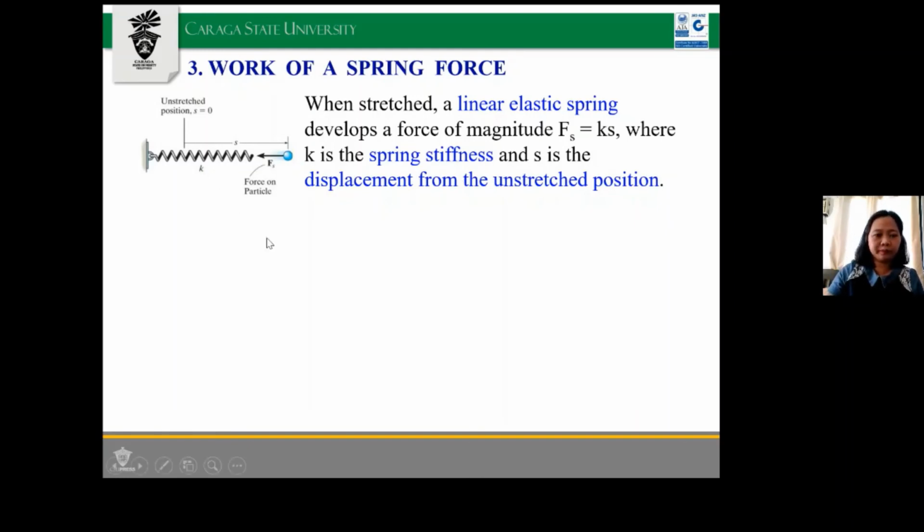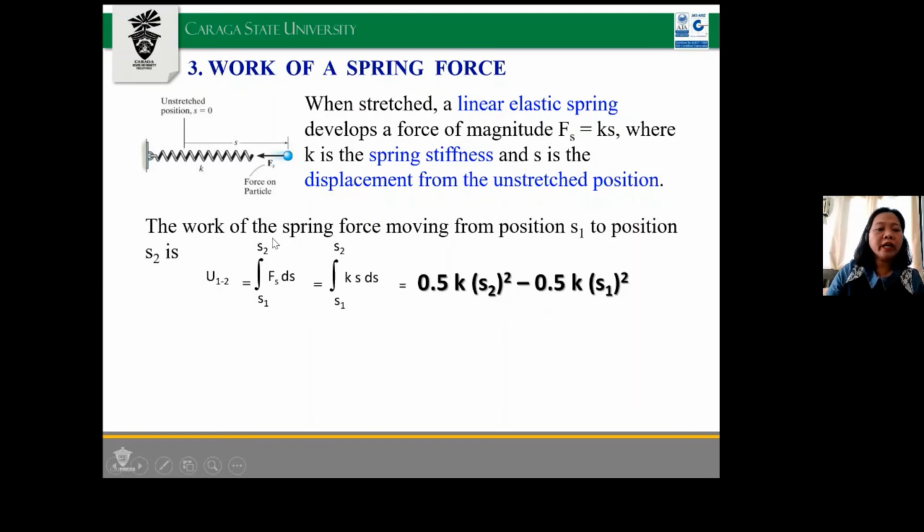So the work done by the spring force moving from position 1 to position 2 is equal to this equation. To simplify, the work done by the spring force from position 1 to position 2 is equal to 0.5 K S sub 2 squared minus 0.5 K S sub 1 squared.